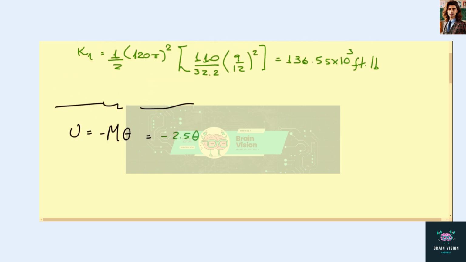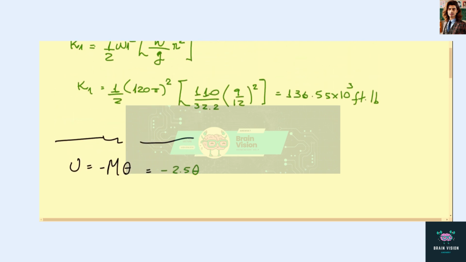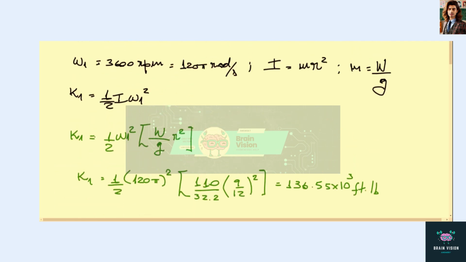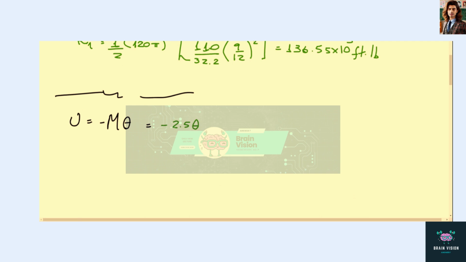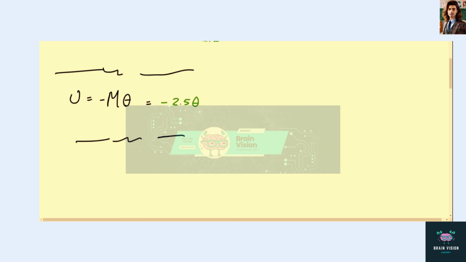Okay, so now we have the potential energy, we have the kinetic energy at the beginning of the movement, and the last thing we should calculate is the kinetic energy at the end of the movement. At the end of the movement, we know that our speed is zero, which implies that our final kinetic energy is also zero.